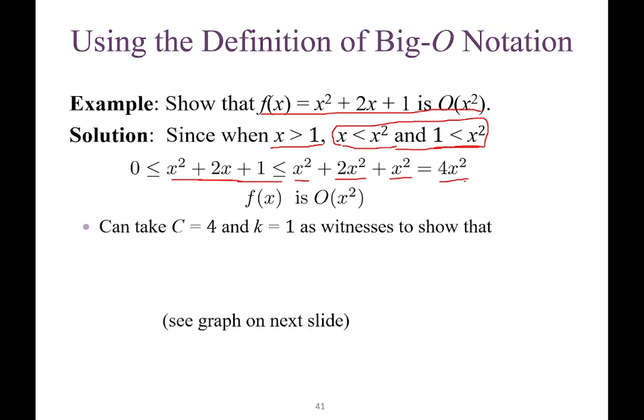This is how we found the witness c, because 4 is the witness c, and x larger than 1 means 1 is k. So when x is larger than 1, f of x is always smaller or equal to 4 times x squared. Then we can see f of x is big O of x squared.